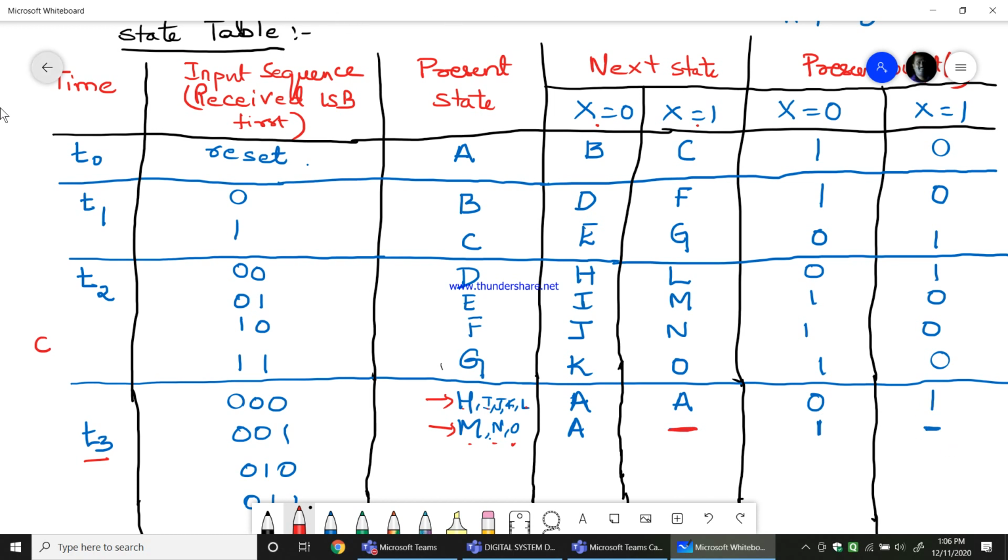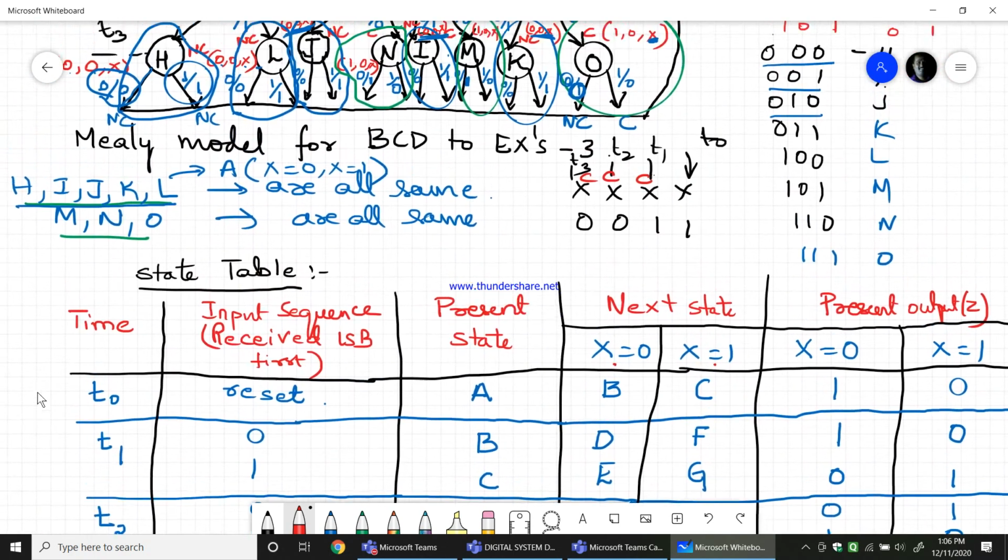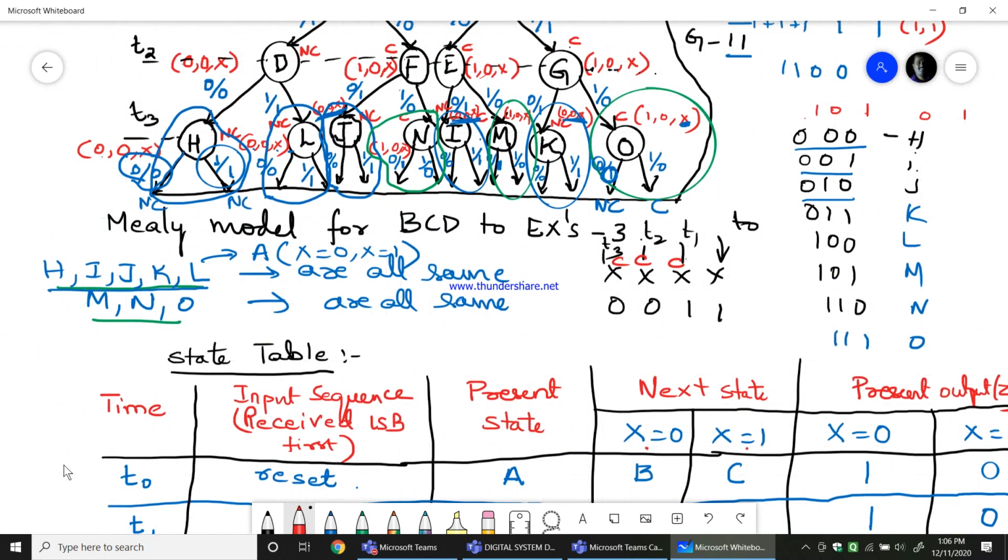Now what is generating carry and not generating carry? You go back to the diagram, you will come to know. See here, at O it is 10x, at M also it is 10x, at N also it is 10x. Now if x equals 0, 1 plus 0 plus 0 is 1, so there is no carry. If I take x equals 1, 1 plus 0 plus 1, 0 is the output, but carry is 1.